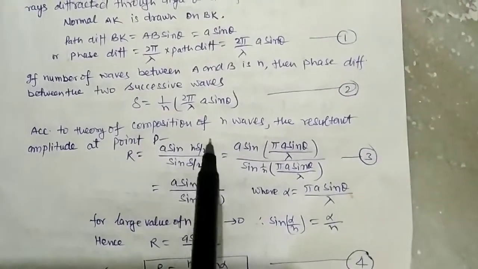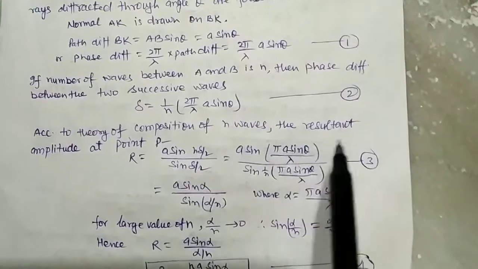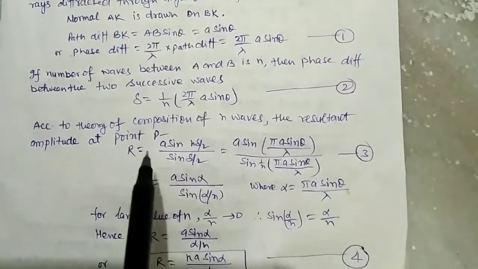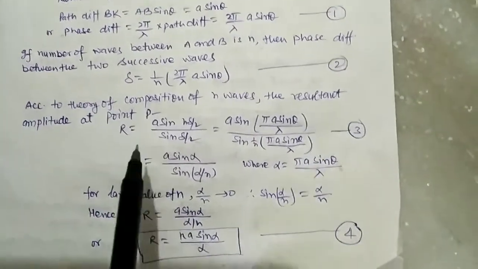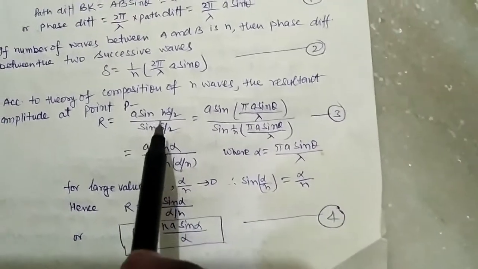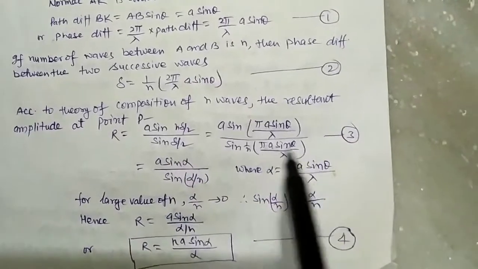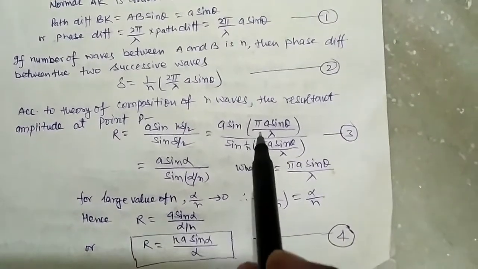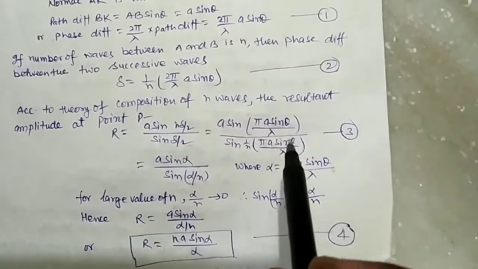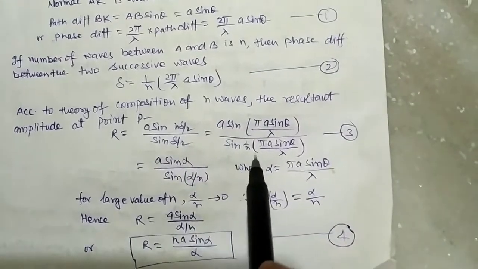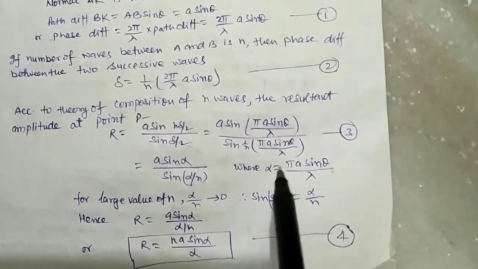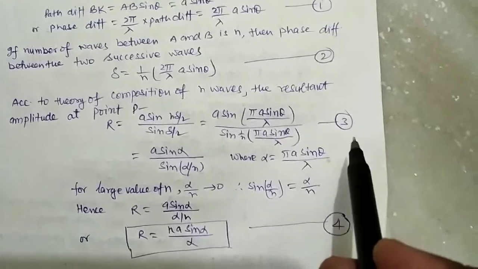According to theory of composition of n waves, the resultant amplitude at point P, R, is equal to a sin(n delta by 2) upon sin(delta by 2), is equal to a sin(pi a sin theta upon lambda) upon sin(1 upon n, pi a sin theta upon lambda). This is equation number 3.